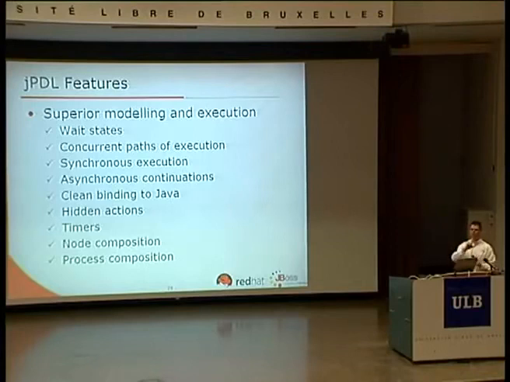Basically this is on the level of the process virtual machine, where you can handle any kind of pattern that you'll find in process languages, like wait states, concurrent paths of execution, binding to Java, and hidden actions. Those are all things that you might find in a process language, and this list that jPDL supports is the union of what you'll find anywhere else. You can also see this by the fact that we support multiple languages. The core engine has to support all the features.